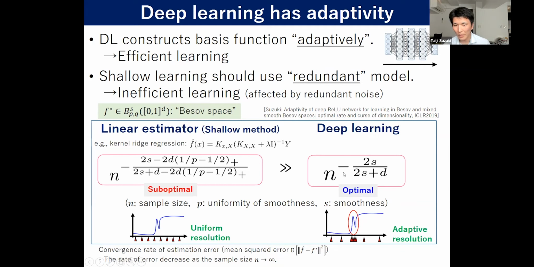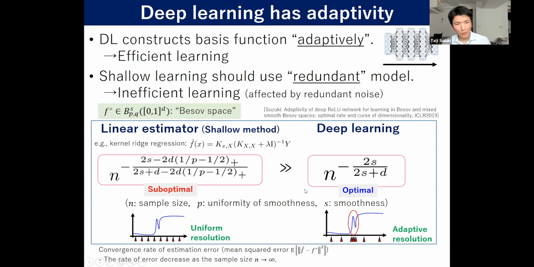The rate of convergence of the mean squared error is bounded by this quantity. As the sample size n goes to infinity, the mean squared error should go to 0. This is because if you have many data points, you can estimate the true function more accurately. So the mean squared error, in other words the predictive error, can be bounded by this quantity.